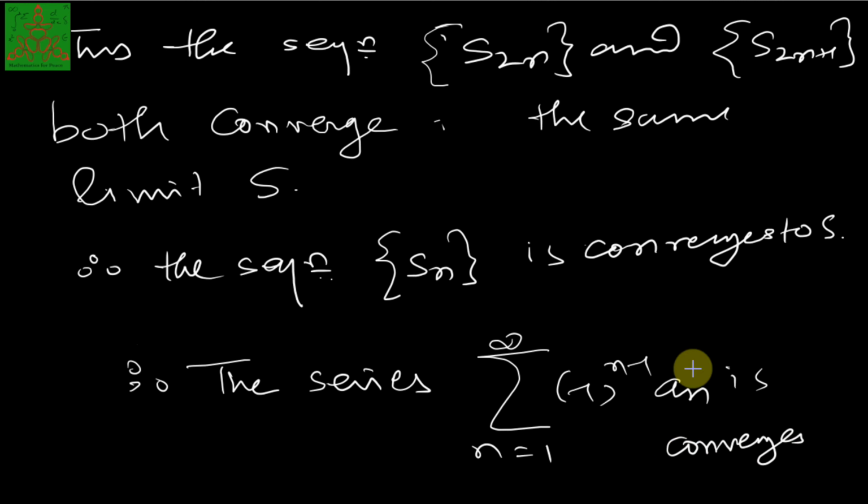The first is that each an should be positive. The second is that an is a decreasing sequence, and the third is that the limit of an tends to 0.